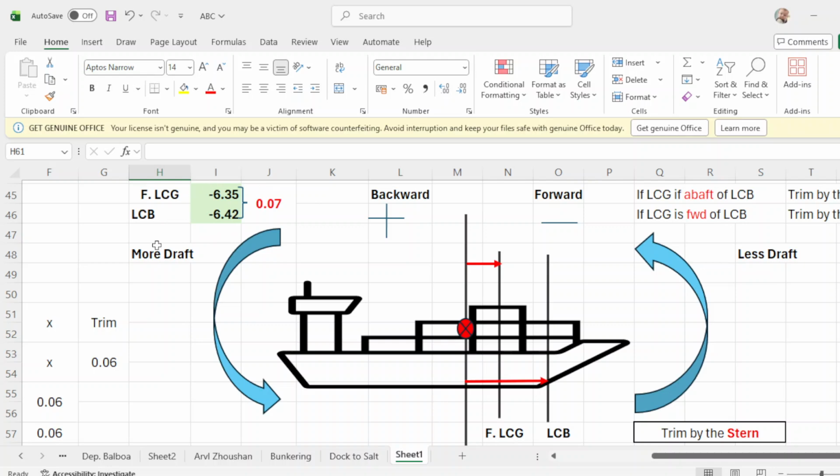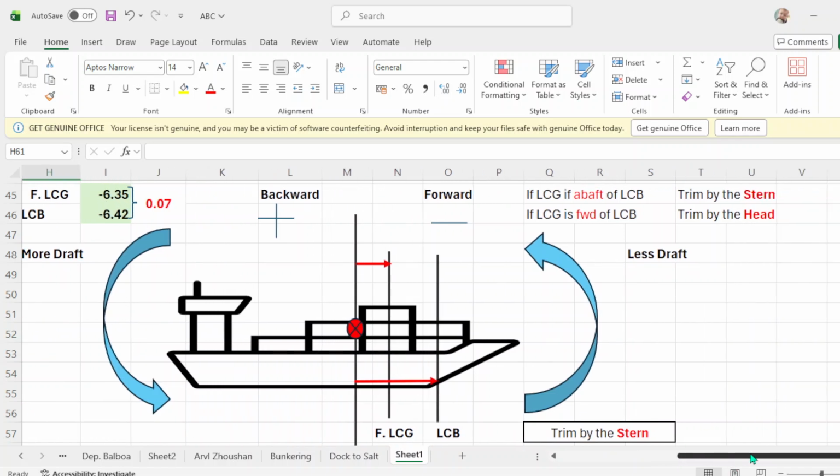If you analyze these figures, the final LCG is behind the LCB, which is negative 6.42. So meaning LCB is a little bit forward or ahead of LCG if you analyze this one. Okay, so what happens if your final LCG is behind the LCB?